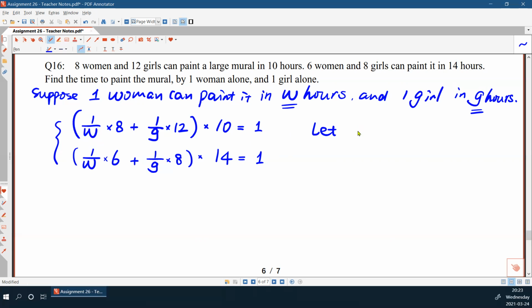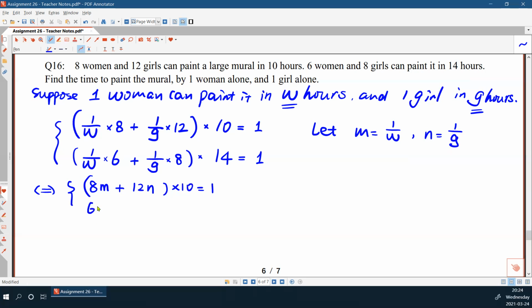So we can use a letter M to denote 1 over W, and let me use letter N to denote 1 over G. Then the original system becomes (8M plus 12N) times 10 equals 1, and (6M plus 8N) times 14 equals 1, right?